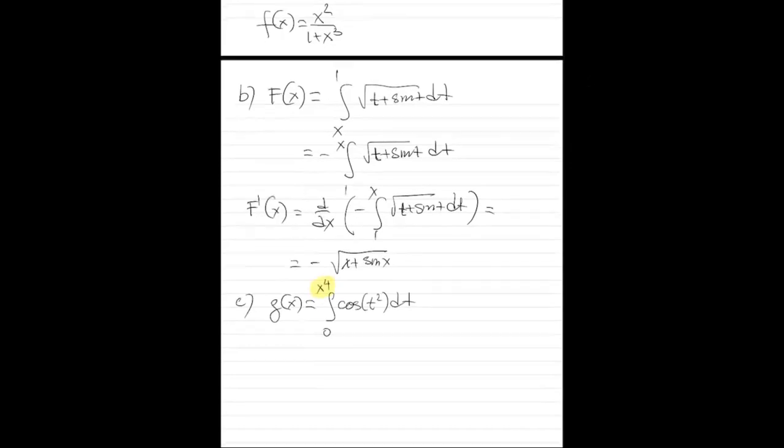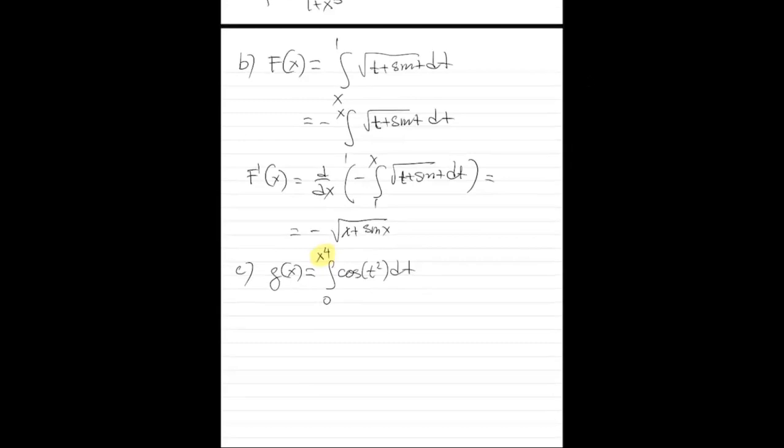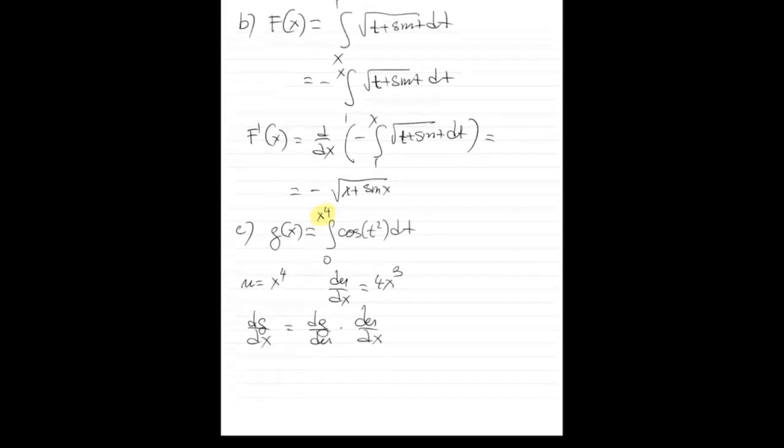So we need to do a change of variables. We're going to set u equals x to the 4th, and du dx is 4x to the 3rd. Now, we know that dg dx, the derivative of a function g, is equal to dg du times du dx. So we're going to go through u before we get to x.